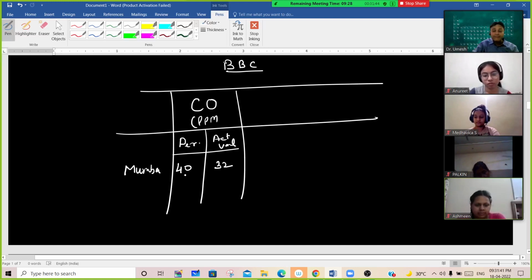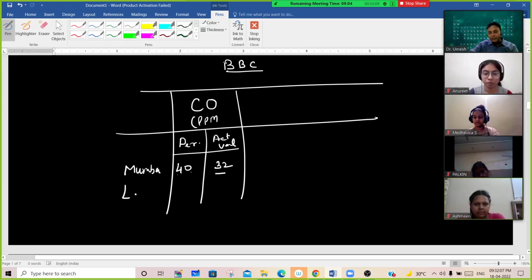It means the maximum amount of the carbon monoxide in the atmosphere is 40 ppm. It means if there are 1 million air particles, out of which 40 are allowed, maximum. If it goes above 40, then that will be a big problem for the health of the human body. But it is 32, it means Mumbai is safe. You can live there. Right?